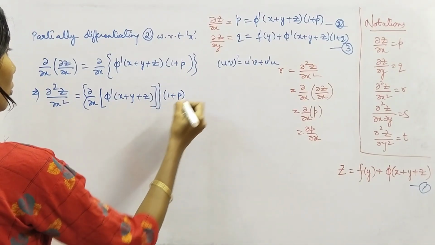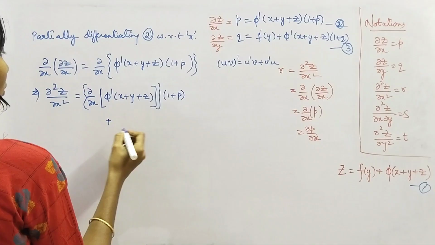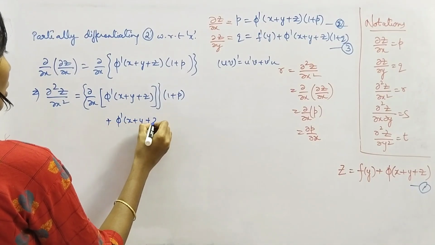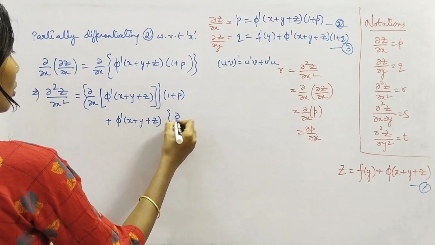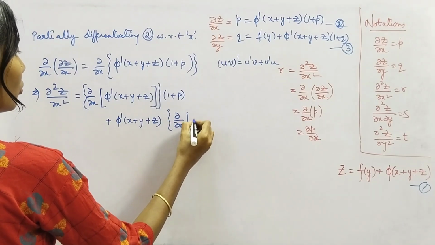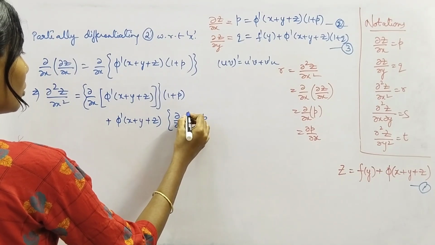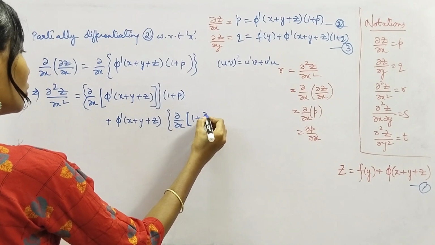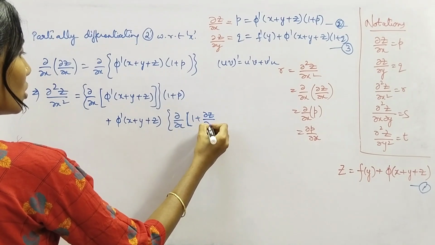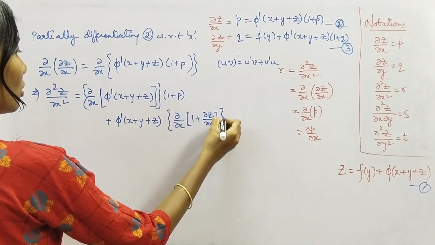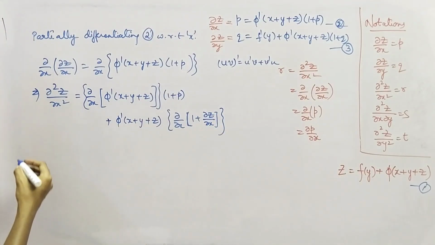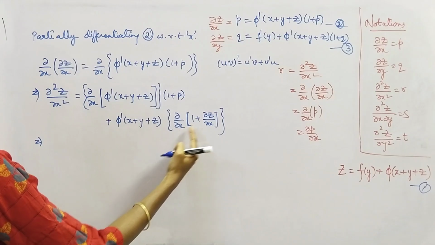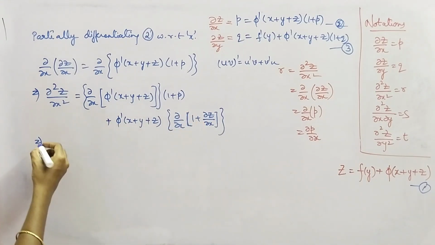Let it be p plus phi dash of x plus y plus z into dou by dou x of 1 plus p. See here, let it be, or you can just write dou z by dou x, because here we are going to find partial derivative of this term, right?